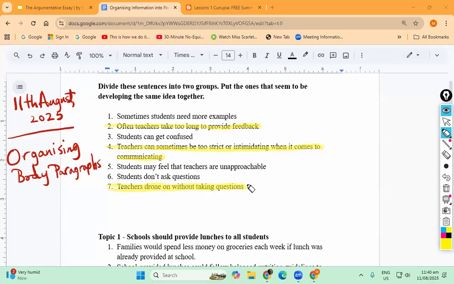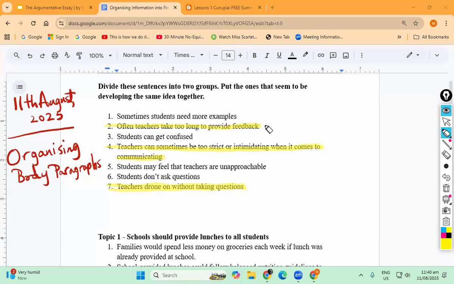Often teachers take too long to provide feedback. Teachers can sometimes be too strict or intimidating when it comes to communicating. Teachers drone on without taking questions. We could agree those are related.